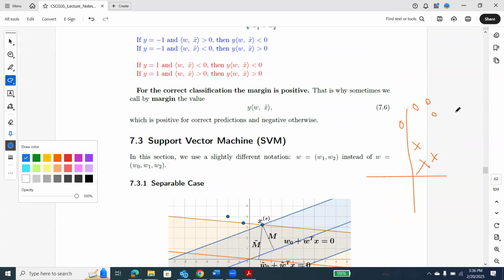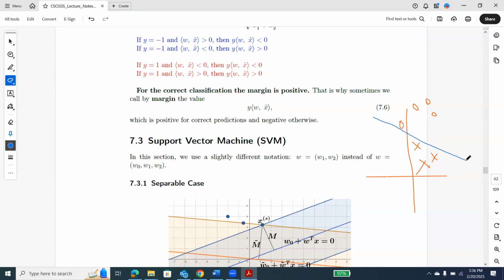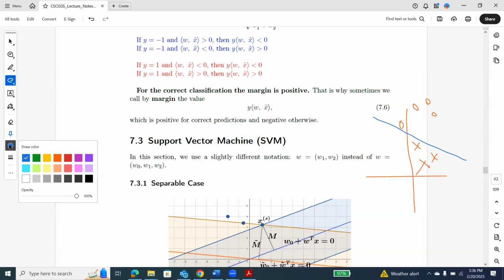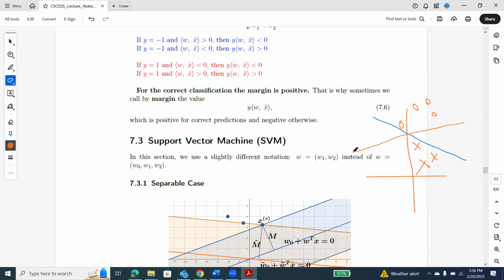So we can draw a line, for example, like this. We can draw a line like that. We can draw a line like this. Which line do you think is better? They all separate our points, so it's hard actually to say which line is better.